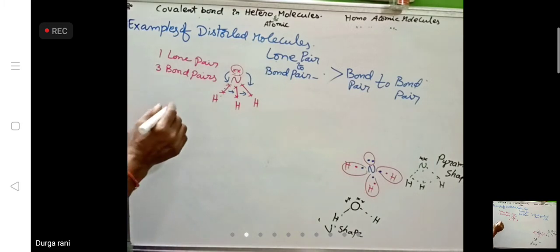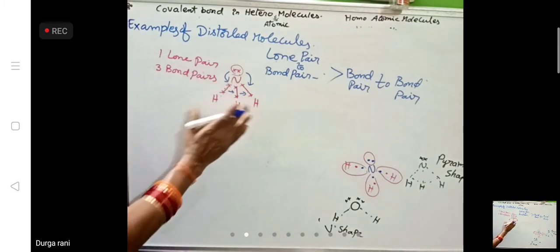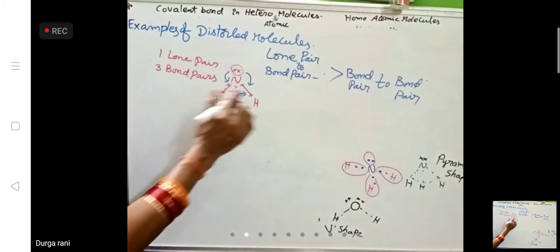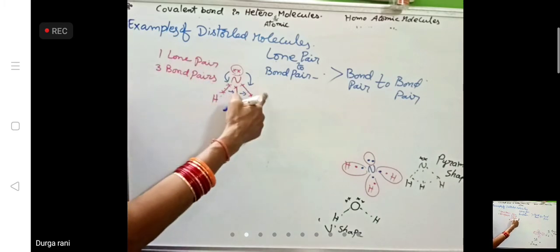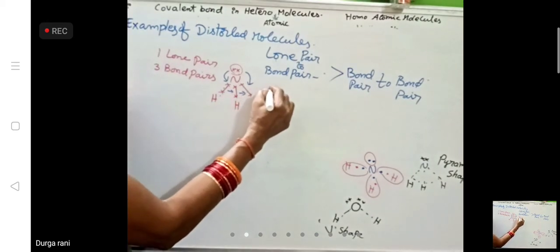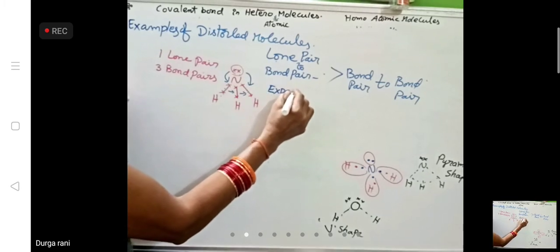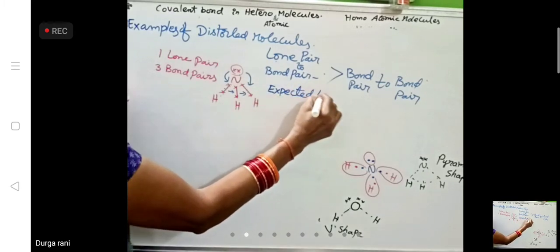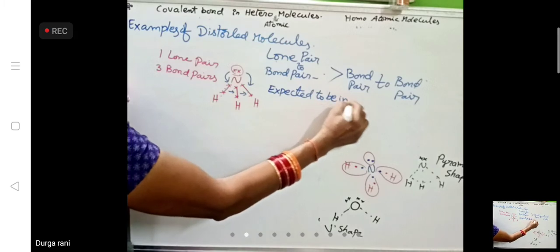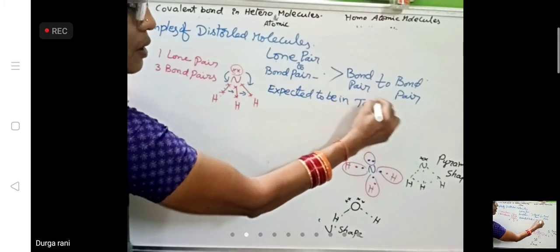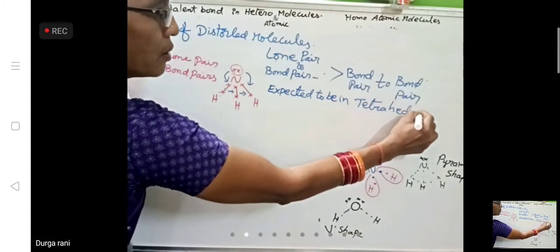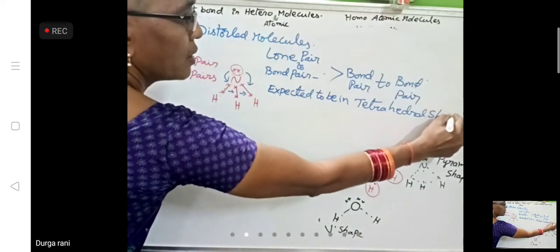And one more thing: what is the expected shape of this NH3 molecule? Like CH4, it is also expected to be in a tetrahedral shape. What is the bond angle?